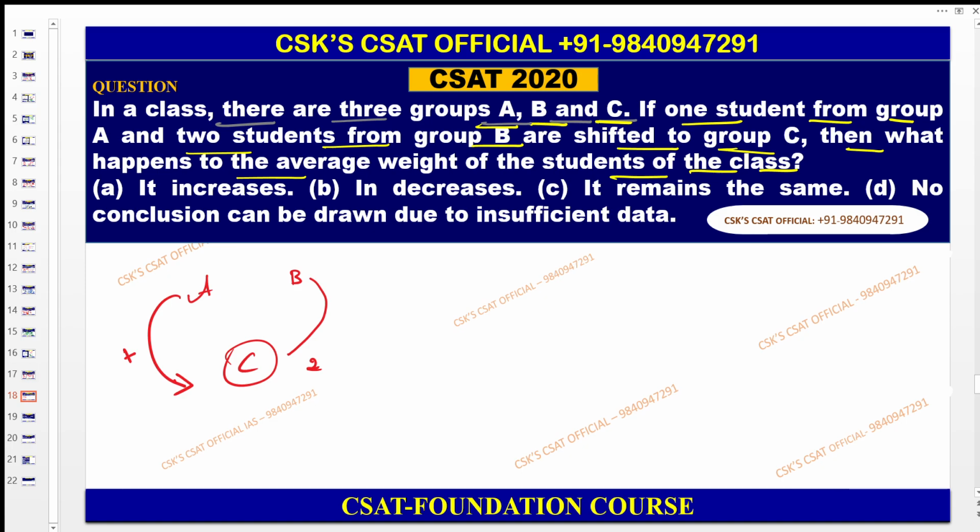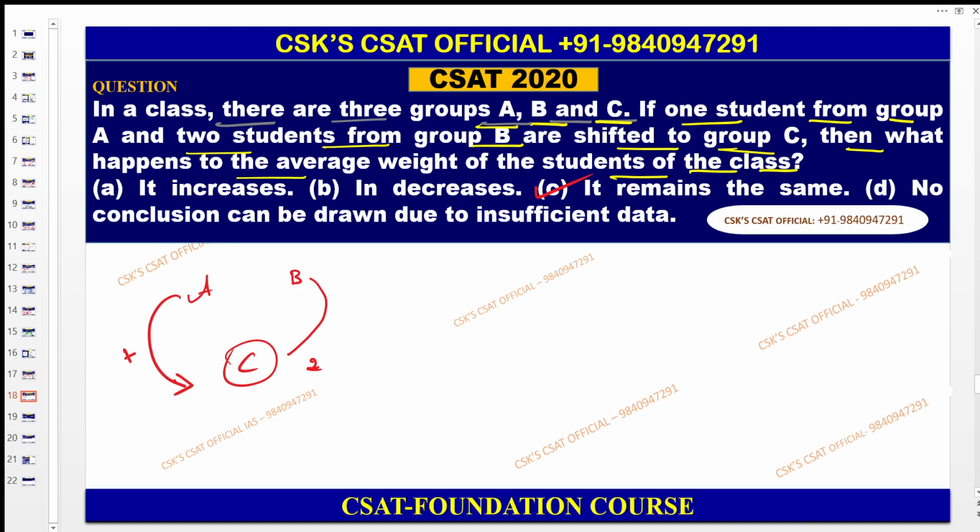The groups only shifted. That's it. In such a situation, the average weight of the students of the class remains the same. Even if you shift this one, it remains the same. It is not 3 different classes. It is the same class with 3 different groups only. Everyone understood?